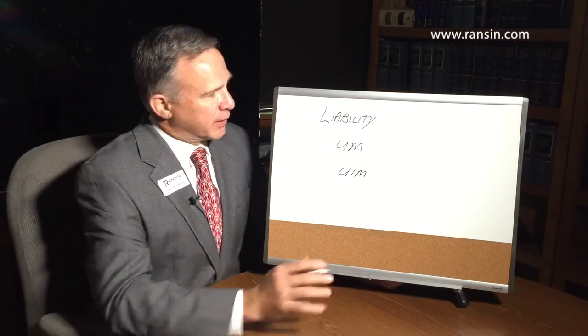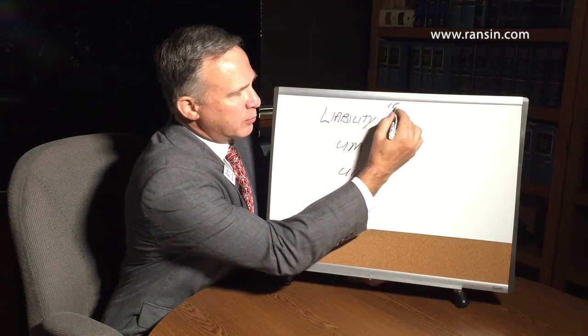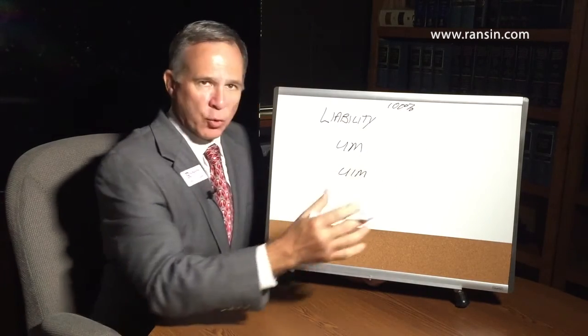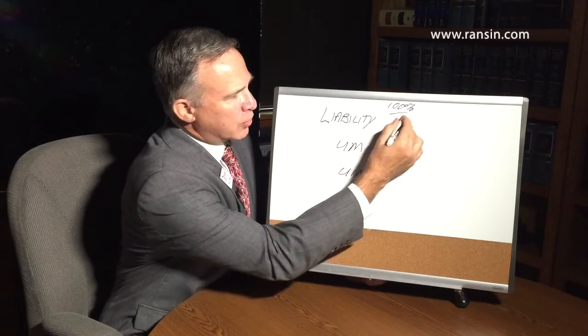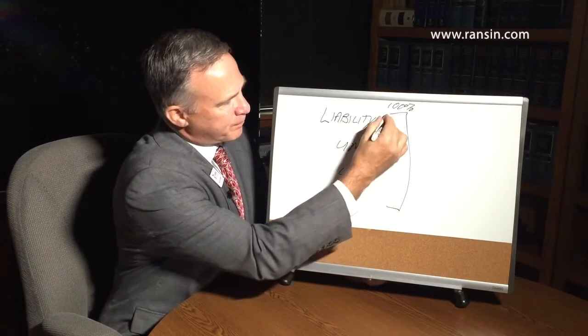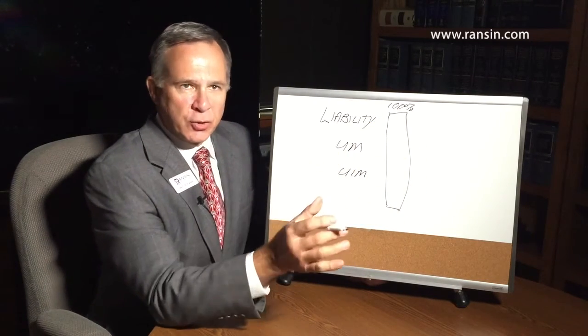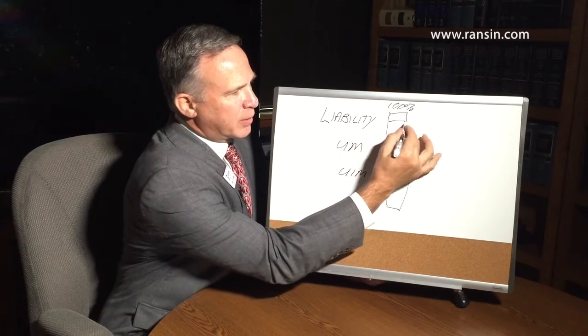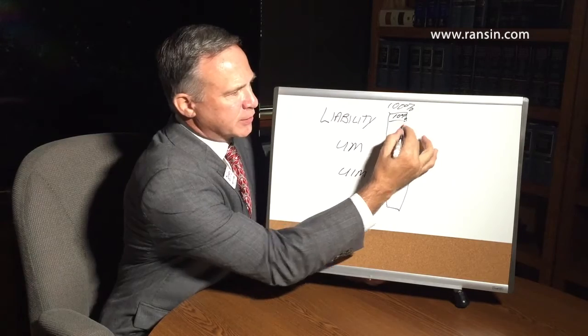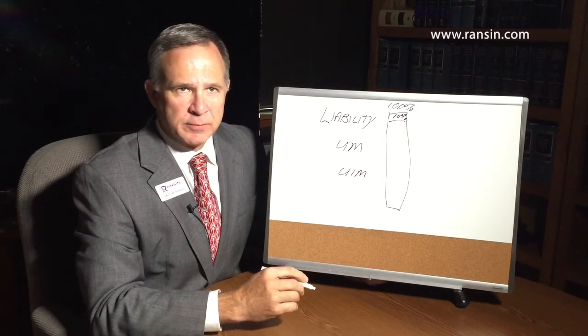Now, the important thing is, if you have 100% of your risk of needing any of these three coverages, you can look at it like a bar graph. You're the good driver. You're not going to run the red light. So there's probably only a 10% chance that you need the liability coverage.